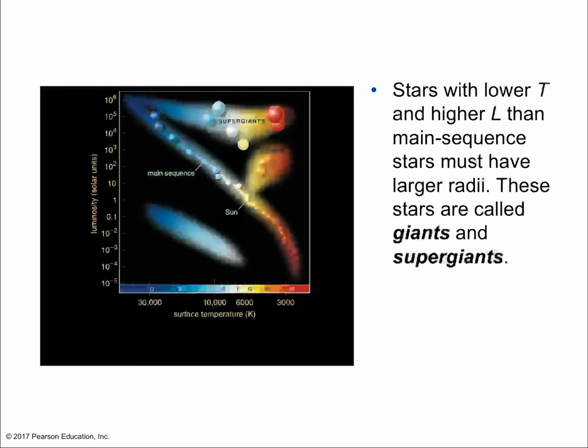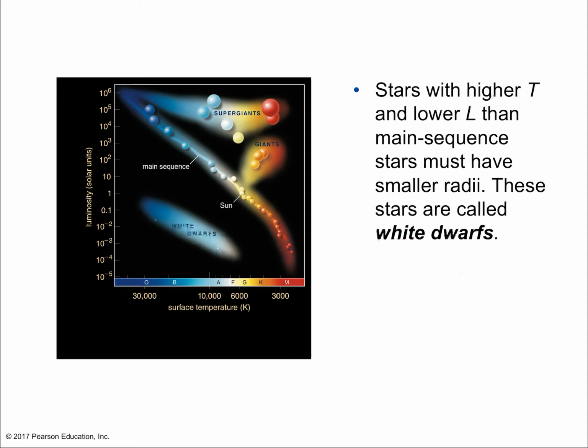So stars with lower temperature and higher luminosity than main sequence stars must have larger radii, hence the names giants and supergiants. That checks out. We'll talk about the actual physical processes that lead to giants and supergiants, but not now. Stars with higher temperature and lower luminosity than main sequence stars must have smaller radii, hence the name white dwarf.